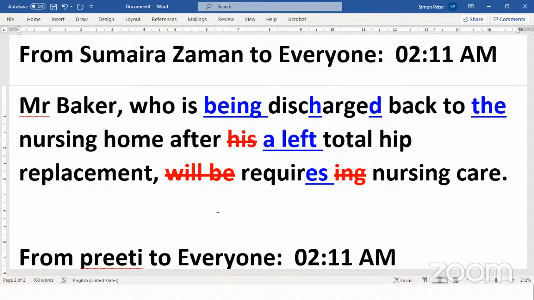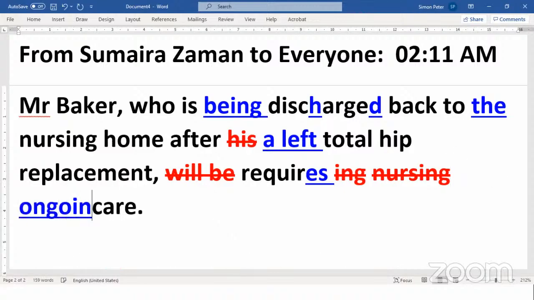Nursing care. He is in the nursing home only. Already you have used the word. Requires continued care. You can say ongoing care. Mr. Baker, who is being discharged back to the nursing home after left total hip replacement, requires ongoing care.